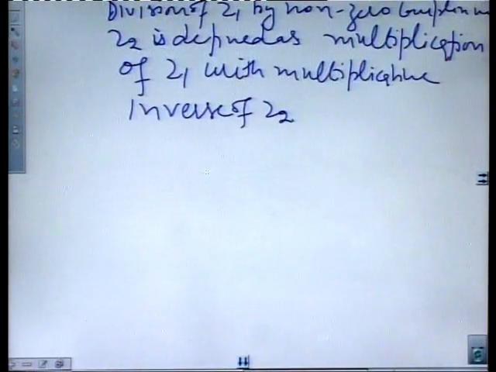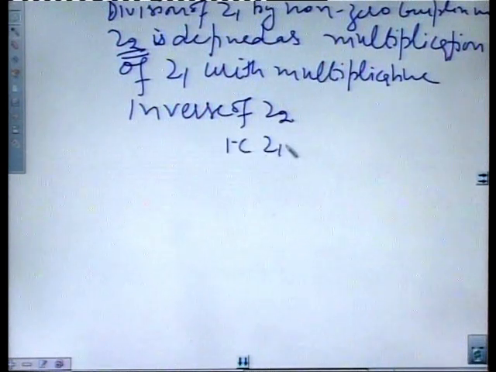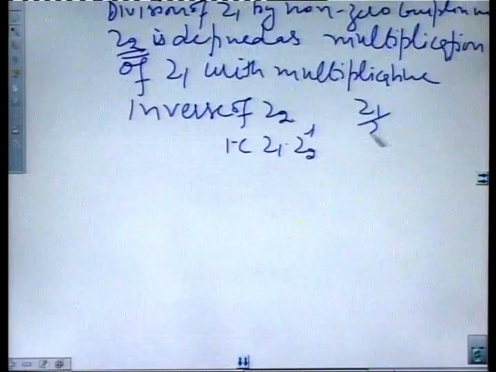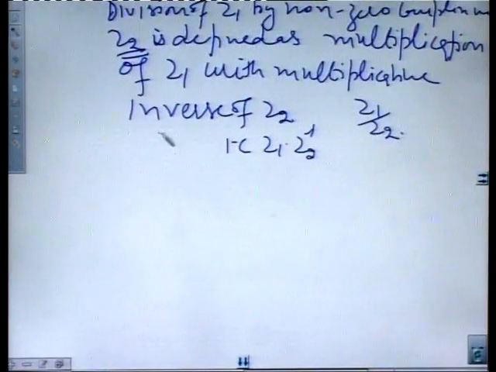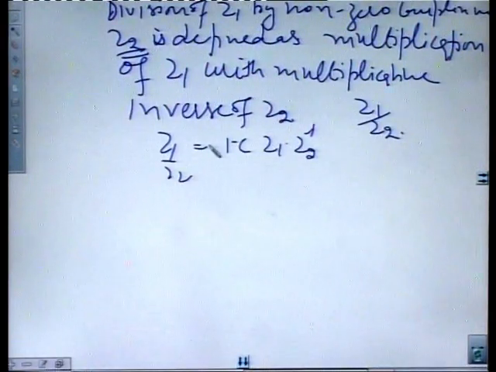So, division of Z1 with non-zero complex number Z2 is multiplication of Z1 with the multiplicative inverse of Z2, that is Z1 into Z2 inverse, and this division is denoted by Z1 upon Z2.